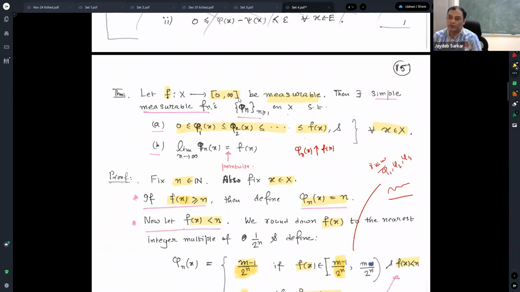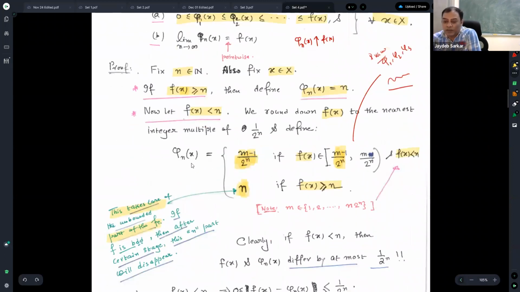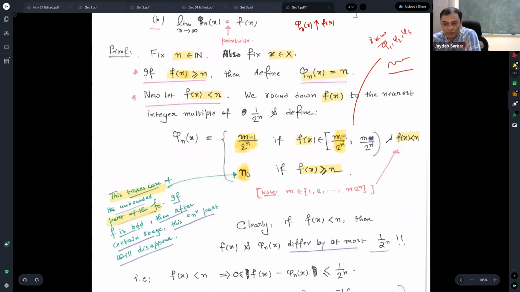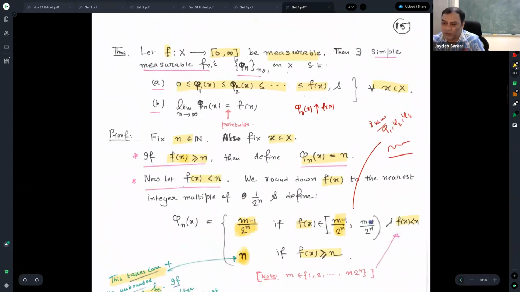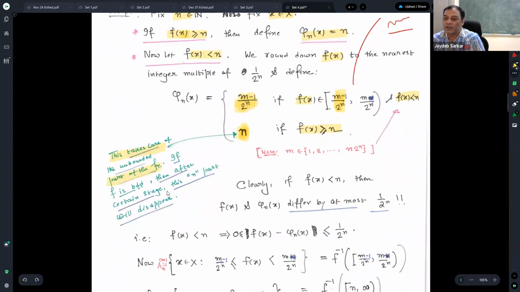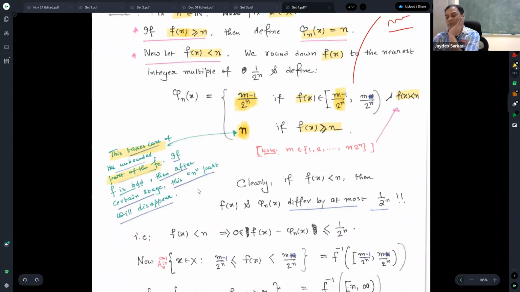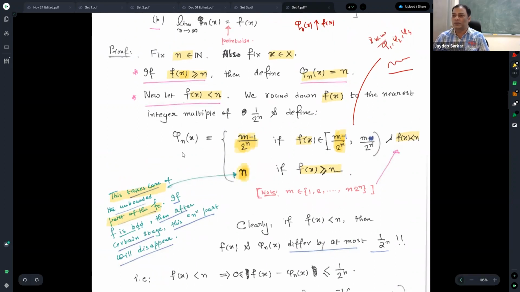So if f is bounded, suppose f doesn't take infinity at all, then after a certain stage this n part will disappear, because for a fixed x you are going to find some n naught such that f(x) is less than n naught. So this will terminate at a certain stage, and I'll explain this part in the proof. Is there any question on the definition?